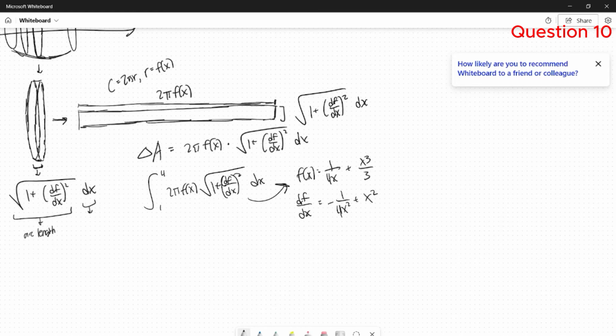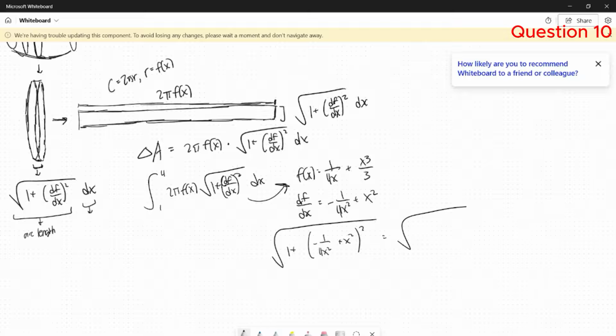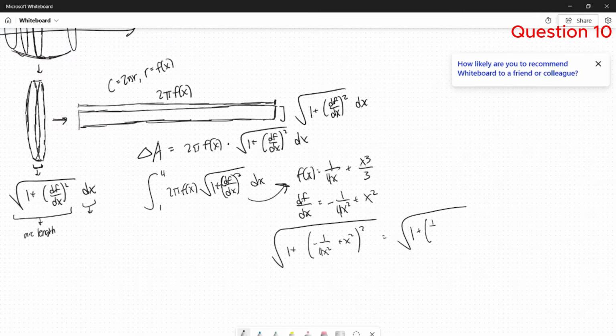And then we plug in to solve for the arc length: 1 plus negative 1 over 4x squared plus x squared, all squared. Expand everything out: 1 plus 1 over 16x to the fourth minus x squared over 4x squared minus x squared over 4x squared plus x to the fourth.